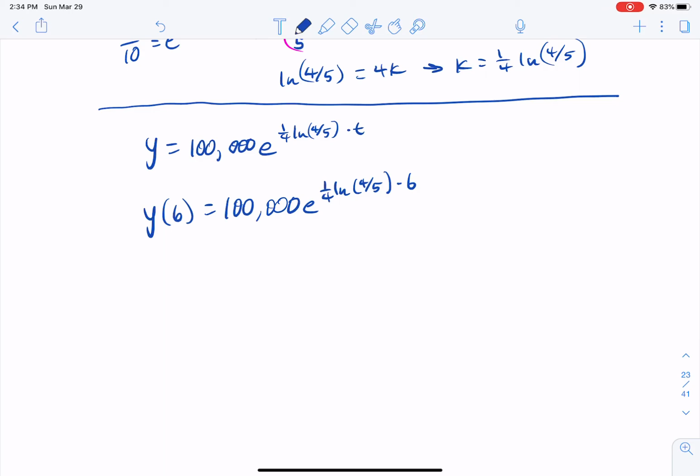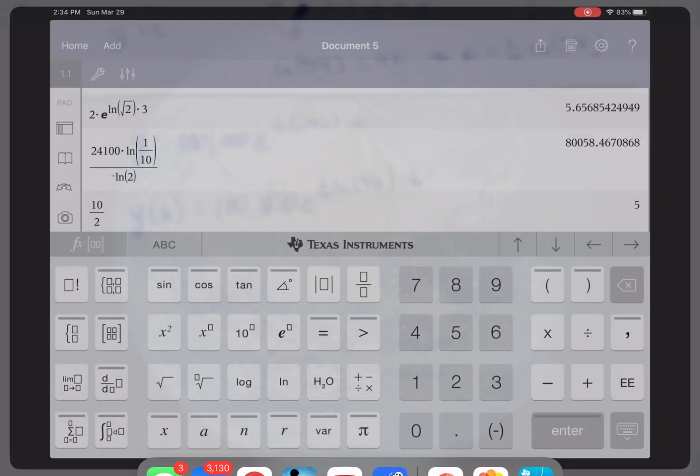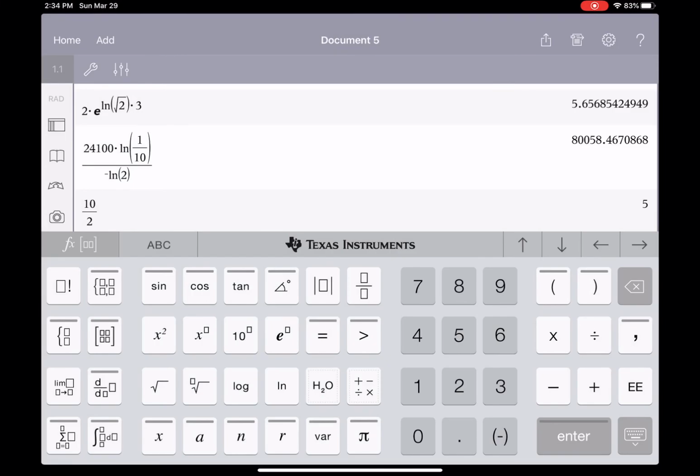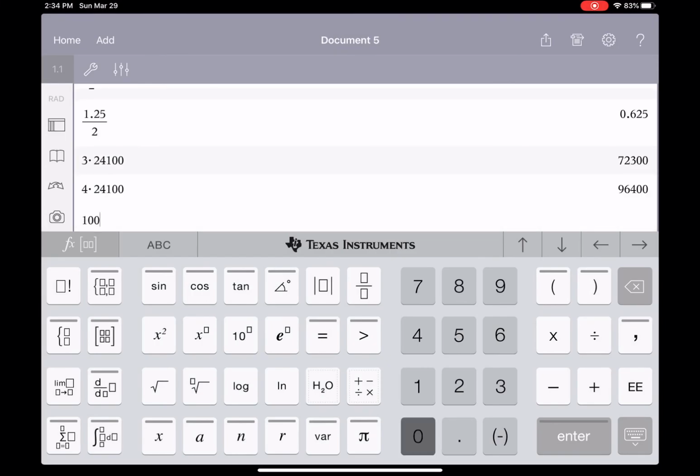All right, again, pretty much calculator at this point. Let's just plug the whole thing in there. 100,000. Is there enough zeros there? I think I maybe need one more. E to the, and then our exponent was 1/4, I'll just put 0.25, natural log of 4/5, 4 divided by 5. Okay, I'm going to arrow out of that and then also multiply that thing by 6.